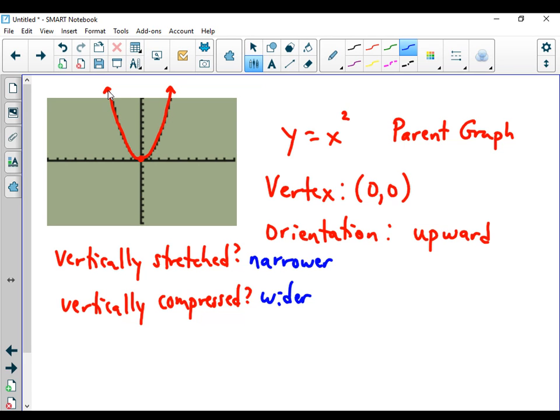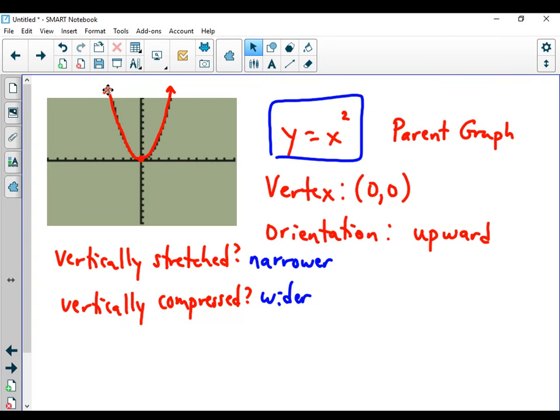Well, what you're going to do with your investigation today is you're going to try to figure out, how can I take this equation, make some adjustments to that equation to get some of these results. In other words, one of the things you're going to be asked to do is, how can I change this equation to where my graph may move down a certain amount?